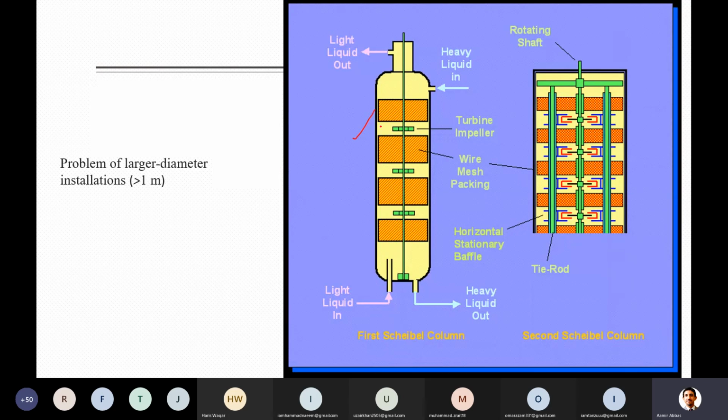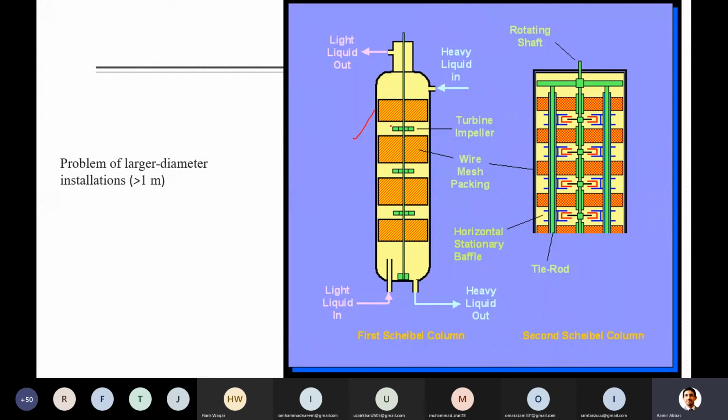So in order to avoid this problem, he introduced some modification inside the equipment, so that if the column diameter is increased above 1 meter, you can bring some of the liquid which is escaping towards this rotating element with the help of baffles. Maybe you are already aware of baffles, as I think you are studying heat transfer.